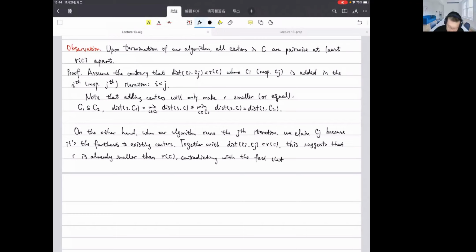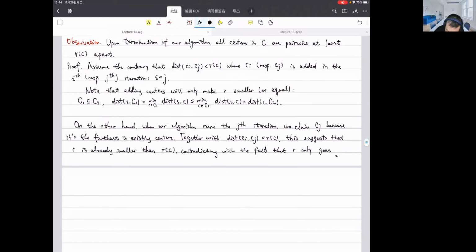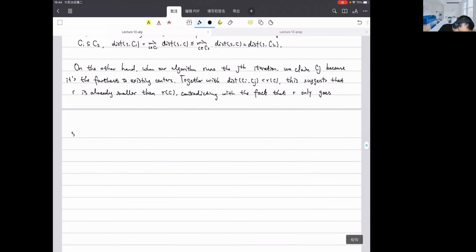I think I should use this: the fact that R only goes smaller or equal through iterations.